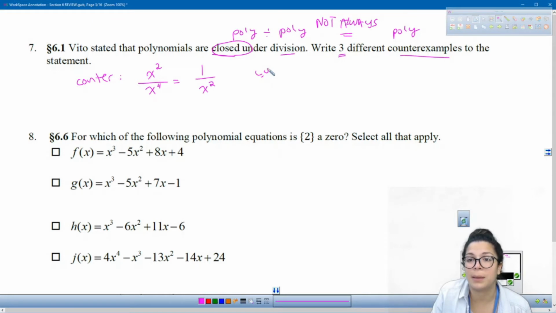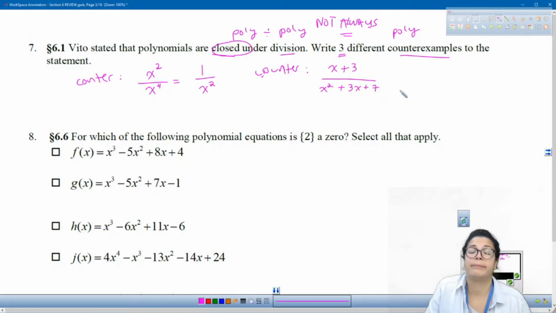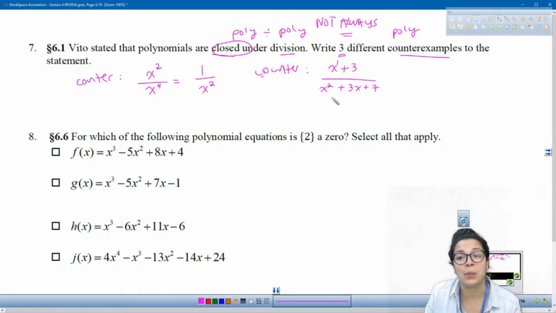Here's another counterexample. Let's say x plus 3 over x squared plus 3x plus 7. As long as the degree of the top is smaller than the degree of the bottom, then once you divide, you will still have a variable in the denominator, and therefore it is not a polynomial.